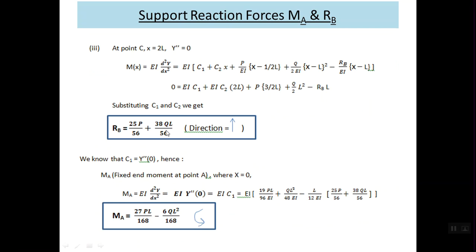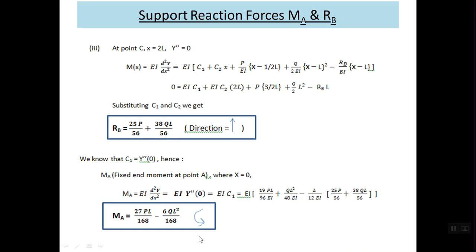We also know that C1 relates to the moment at the fixed support at point x equals 0, MA. By taking the second derivative of the elastic curve, we can see that MA equals EI multiplied by C1.